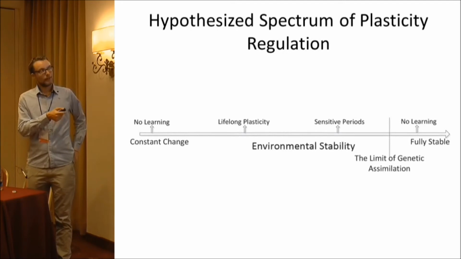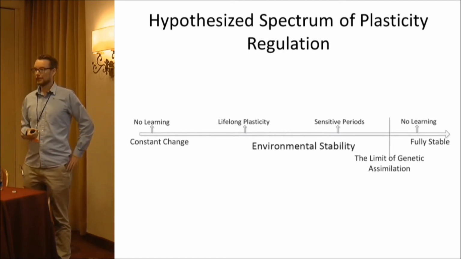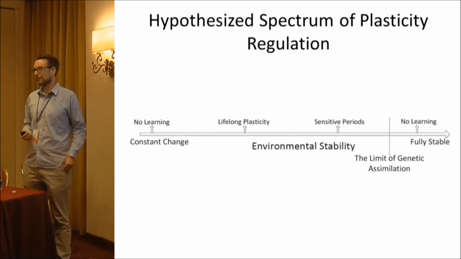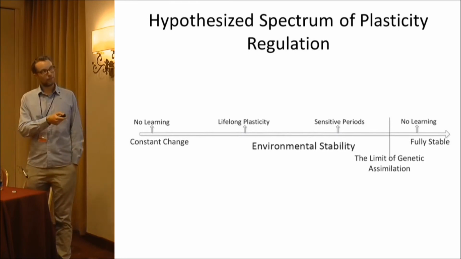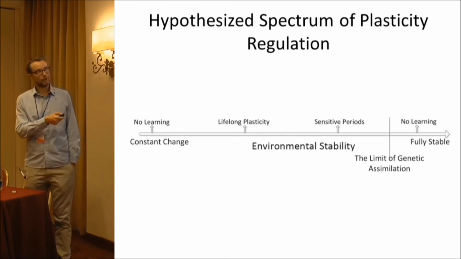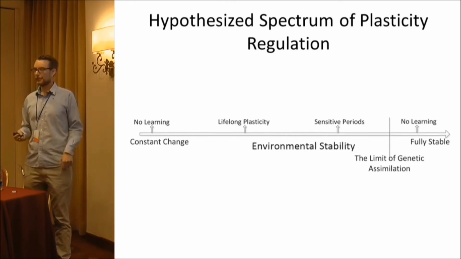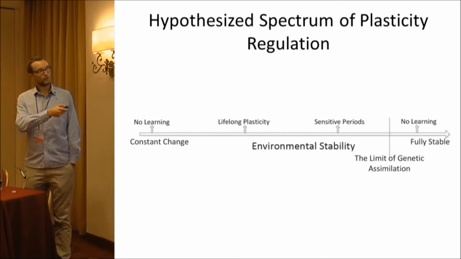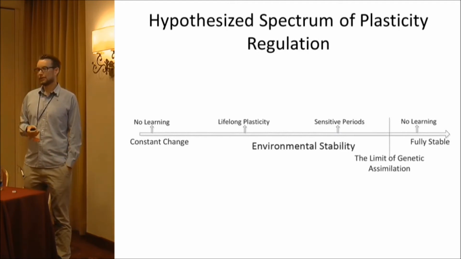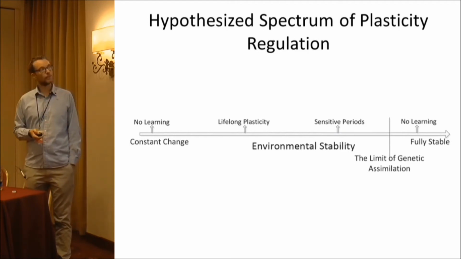And at first then I hypothesized we would see these sensitive periods, where a short period of learning the trait early in life could be enough. And then as we make the environment more and more unstable, I hypothesized we will see lifelong plasticity, because the environment is changing so much that we need to readapt throughout life. So this was my hypothesis of how different learning strategies will evolve in different rates of environmental change.